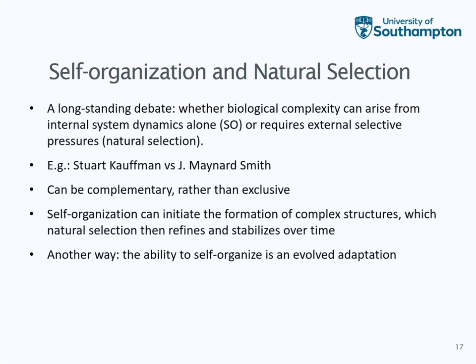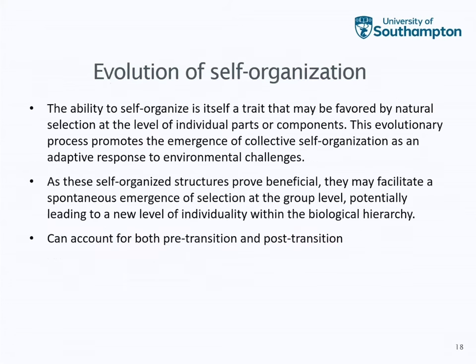The easiest way to think about it is that self-organization can initiate the formation of complex structures, which natural selection can then act on, refining and stabilizing them over time. Or, another way: the ability to self-organize is an evolvable adaptation. This means that we are talking about the evolution of self-organization.